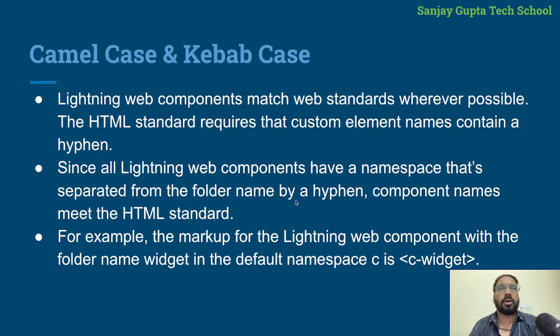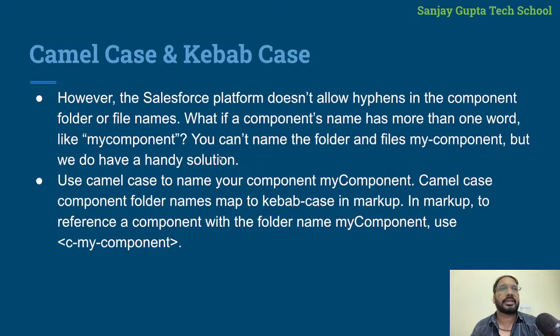Okay. So if I move to the next slide, here you will have a proper explanation. However, the Salesforce platform doesn't allow hyphens in the component folder or file name. Like in the previous slide we saw, we cannot use a hyphen while creating any component.